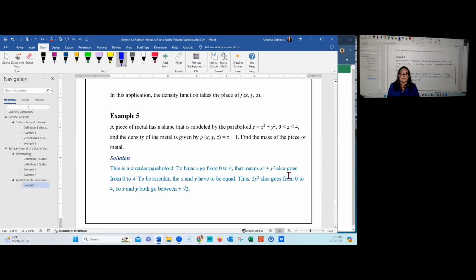Since our maximum circle is at the very top when z equals 4, the values of x and y are going to vary from 0 out to the square root of 2. That's because 2x squared equal to 4 gives us x squared equal to 2, so x is plus or minus root 2. The same is true for y. So we have our varying values for both x and y.